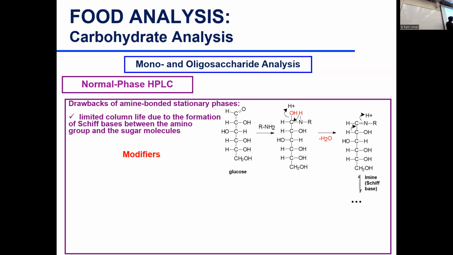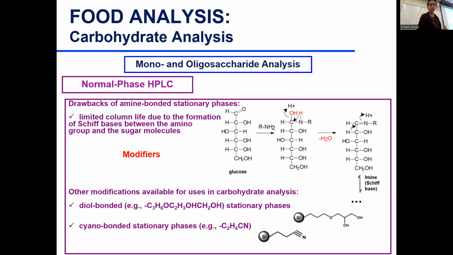That means regenerating the column by adding mobile phase modifiers such as compounds with diamines. So two amine groups: an amine group that can regenerate the column and interact with silica, and an amine group that would be available to have hydrogen bonding with the sugars. There are other types of columns that are not necessarily amine bonded columns.